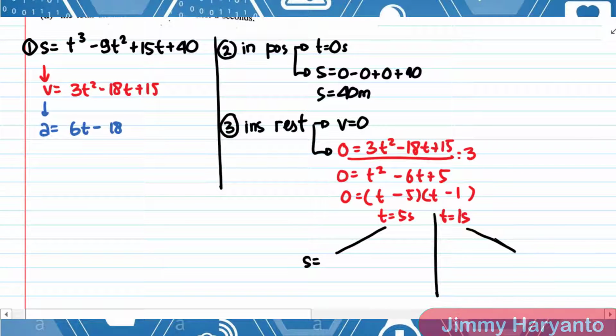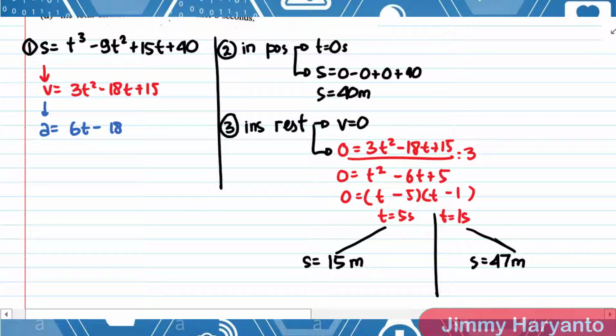You only have to put it into the equation. So it will be 5 to the power of 3 minus 9 times 5 squared plus 15 times 5 and then plus 40. And the result for this one is 15 meters. But for 1 second, I will have negative 8 plus 15 is 7, 47. For this one, you will have 47 meters.